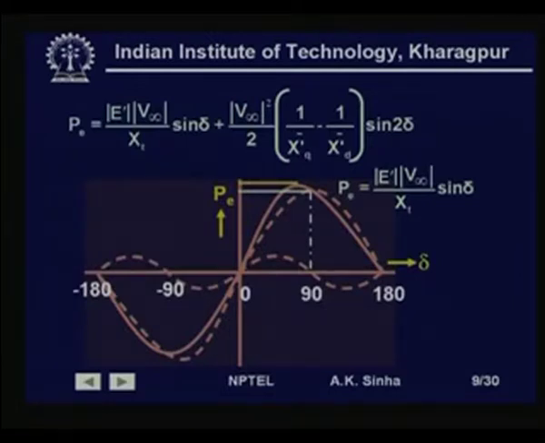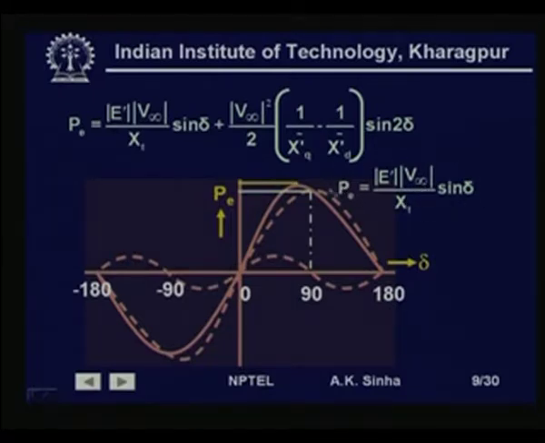Now, let us see this same situation. Here we have this curve which is shown here, showing P e is equal to E dash V infinity by x t sine delta.